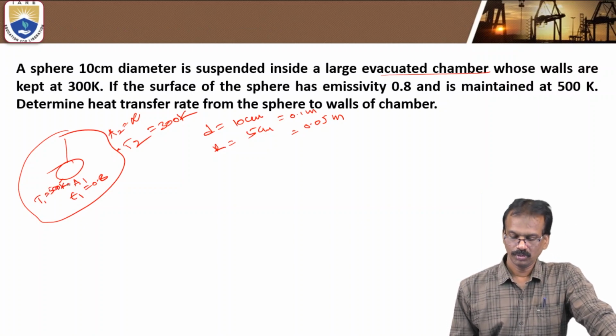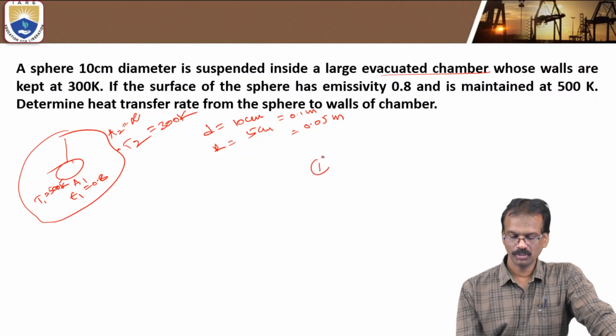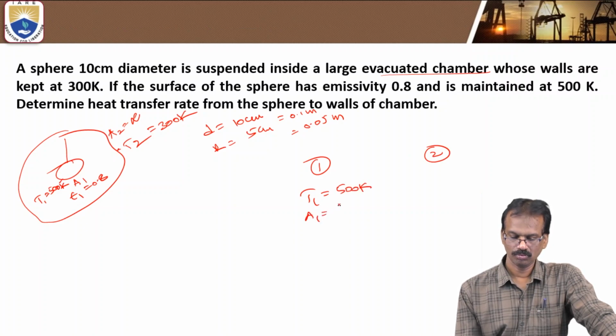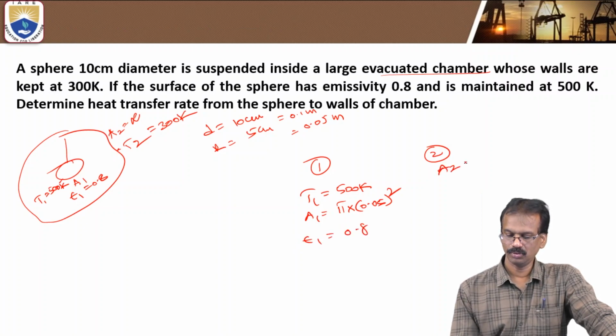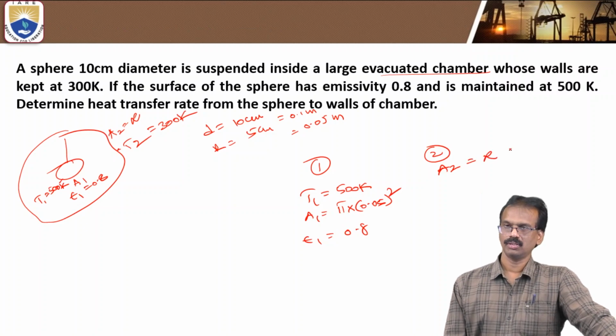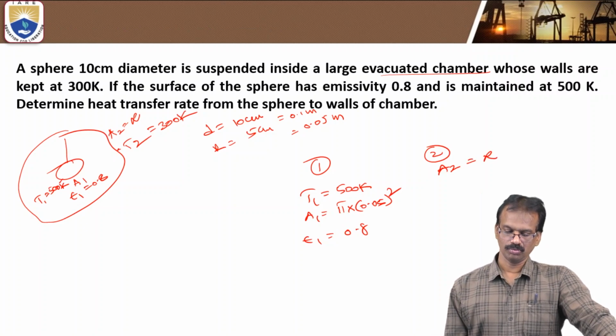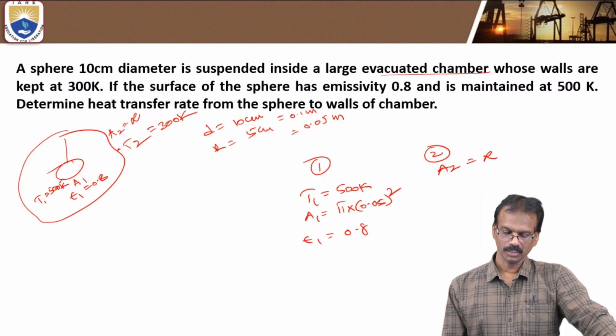Okay. So it means two surfaces, surface 1 small, surface 2 big. Temperature 500 Kelvin, area pi r square, pi into 0.05 whole square. Next, emissivity is equal to 0.8. Here A2 you can take as infinity because it is a large enclosure, no need to consider area.